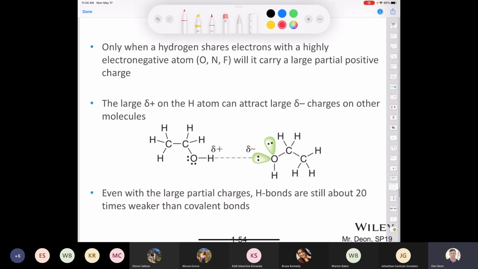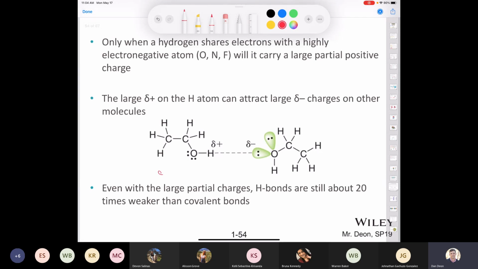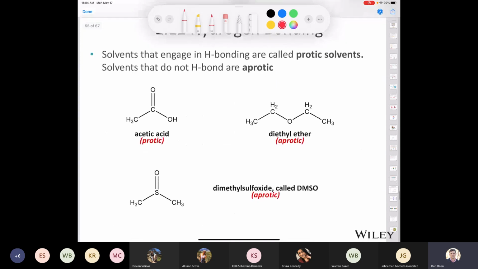So here's two molecules of ethanol, and you can see the hydrogen bond there. A hydrogen bond is still 20 times weaker than a covalent bond, but again, it's much stronger than a dipole-dipole force. All right, there we go.